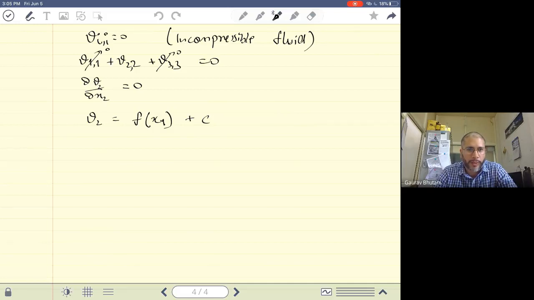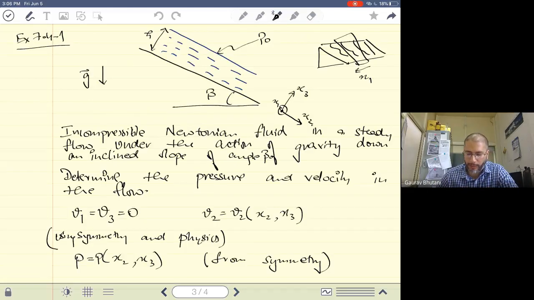There's no x2 here because if we had an x2, then del V2 by del x2 would not be 0. Moreover, x3 is not allowed because we already saw in the previous slide that V2 is only a function of x2 and x3.